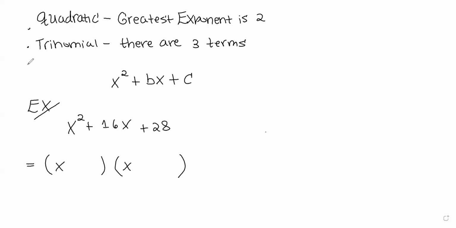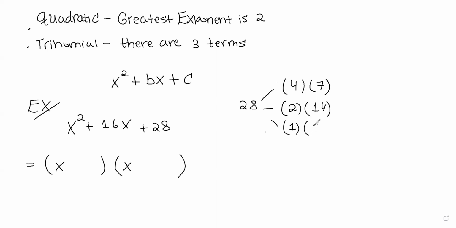So looking here, what are some factors of 28 that come to mind? Well, 4 times 7 is the most common. Is this number divisible by 2? Yes, that would give us 14. So I can also express it as 2 times 14, or 1 times itself.